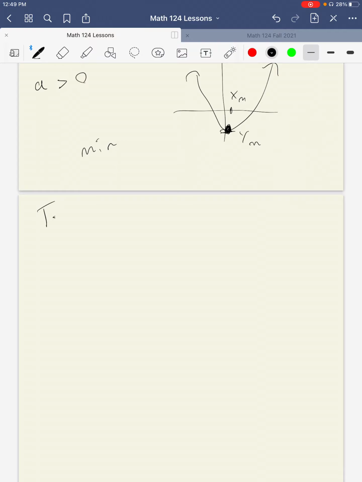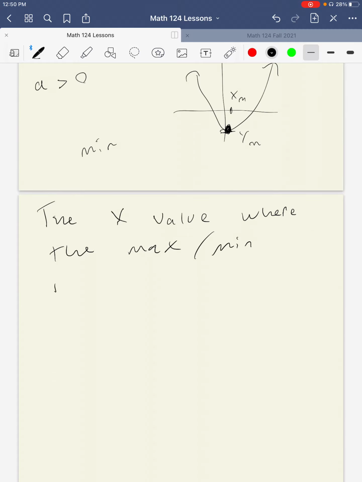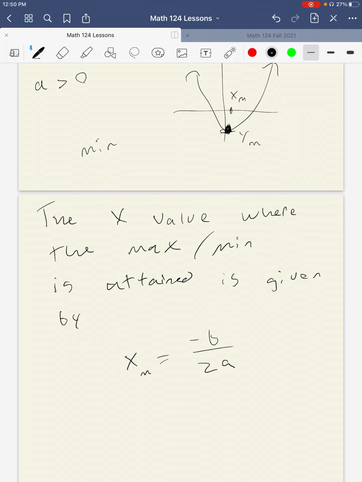The x value where the max or the min is attained is given by the following. Call it xm. It's given by negative b over 2a.